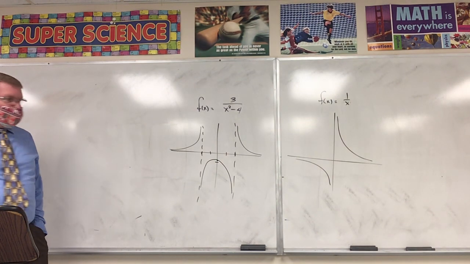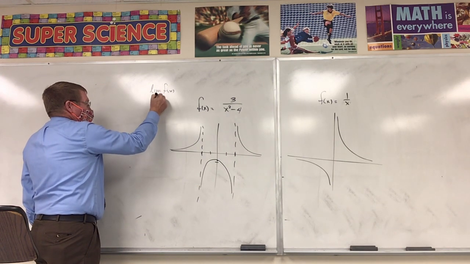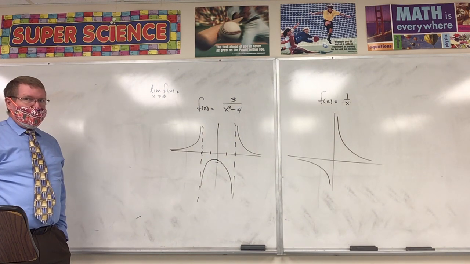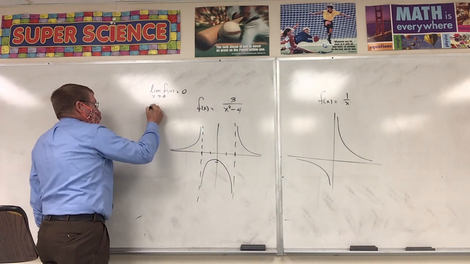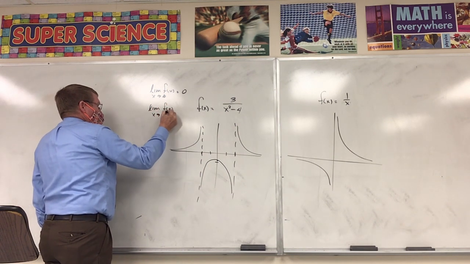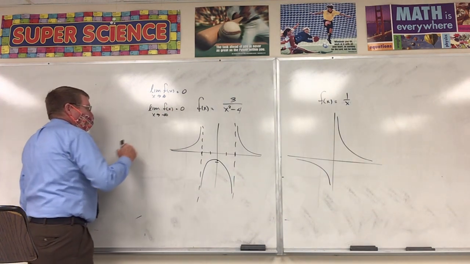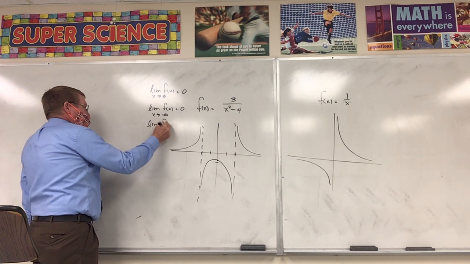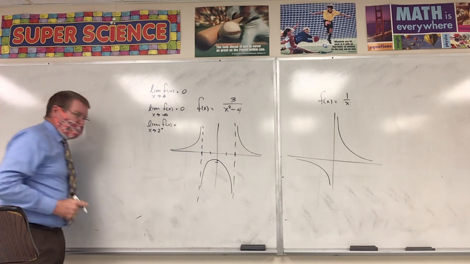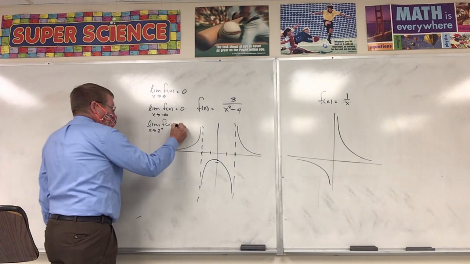So here I can write out my limits. The limit of f of x as x approaches infinity, 0. The limit of f of x as x approaches negative infinity, 0. Connie, are you with us? Alright, the limit of f of x as x approaches 2 from the positive side, infinity.